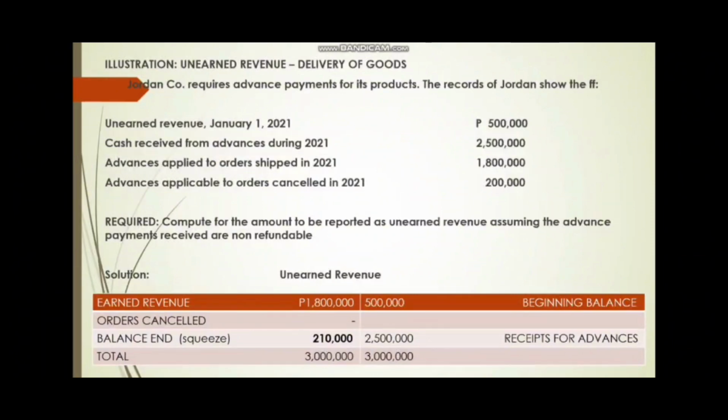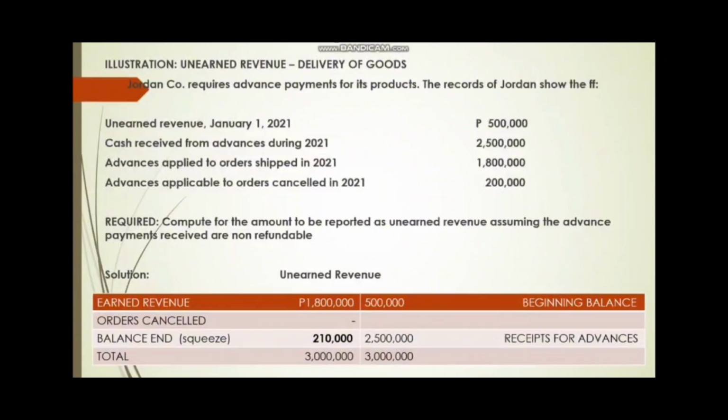So the solution for unearned revenue: in the problem we see that the earned revenue is 1,800,000, the advances applied to orders shipped in 2021. We assume that the advance payments are non-refundable. And then the 500,000 is the beginning balance as of January 1, 2021.